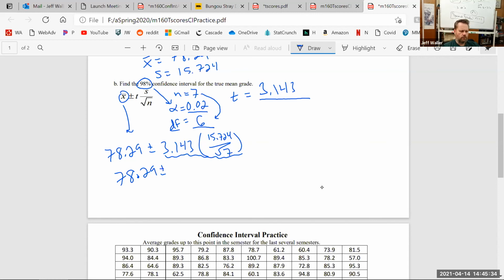Oh, whoops, I missed the t-score. Is it 0.5290? I'm not sure what's happening up there. So we're just putting in 3.143 times 15.724 divided by square root of 7. 18.6792. Yeah.